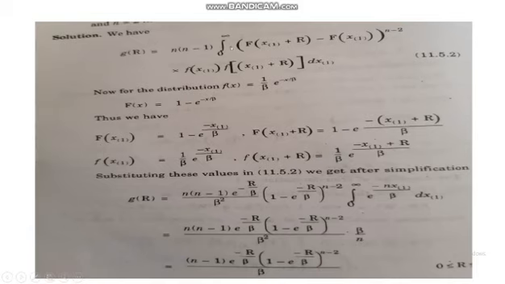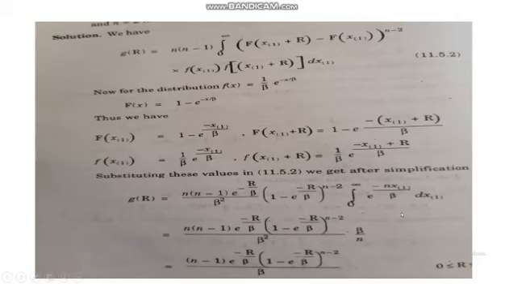Now what will happen if we need the capital F and small f of x1? We will replace the x's with x1's in the formulas, and similarly for x1 plus r, for finding the densities and CDFs, we will replace them with x1 plus r.